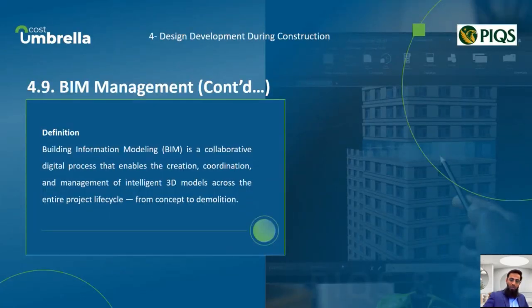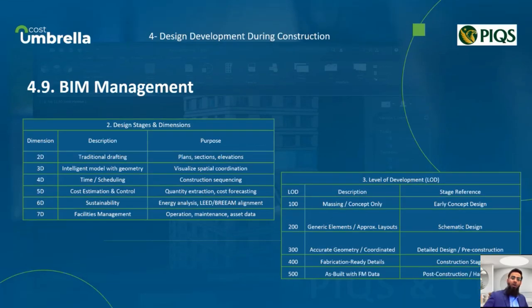BIM, Building Information Modeling, is a collaborative digital process that enables the creation, coordination, and management of intelligent 3D models across the entire project lifecycle, from concept to demolition. BIM is a transformative approach to design and construction that brings intelligence and collaboration to the center of project delivery.